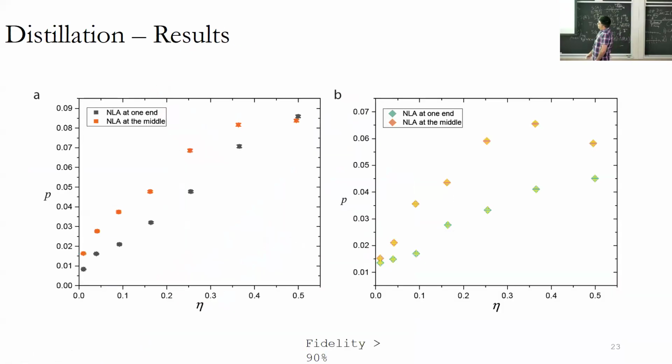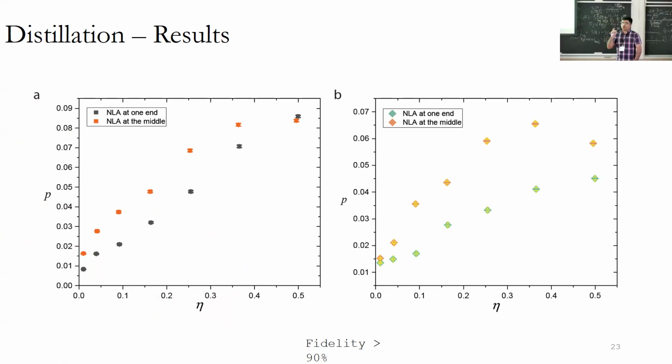So we did the experiment, and these are some of the results. On the left-hand side, I'm showing probability of success versus the transmittivity of the channel. This is 1 minus loss, basically. In the left-hand side scenario, Alice is sending a maximally entangled state to Bob, and Bob is tuning his ancilla entangled state to a maximally entangled state.